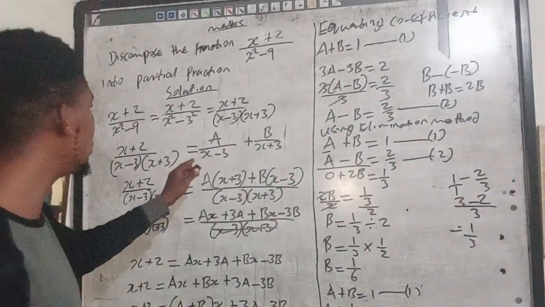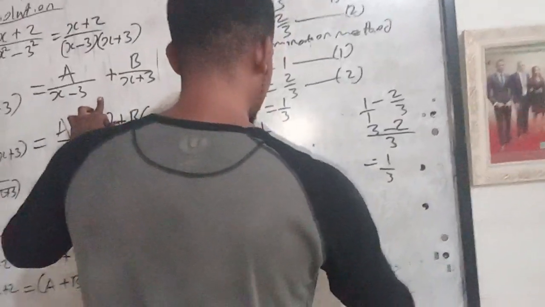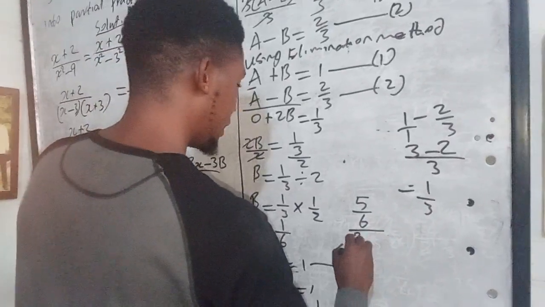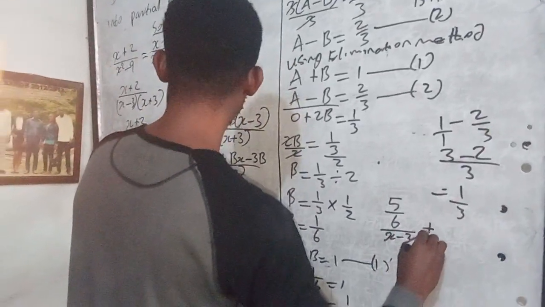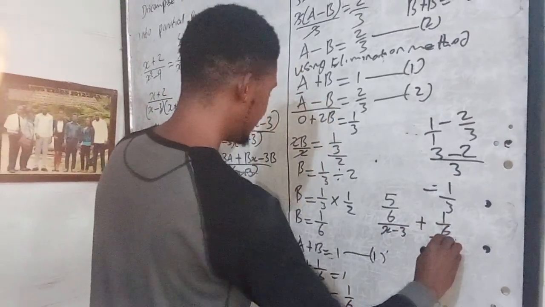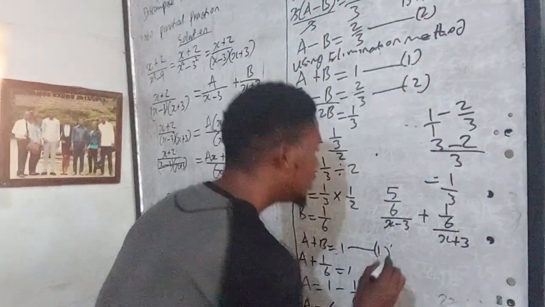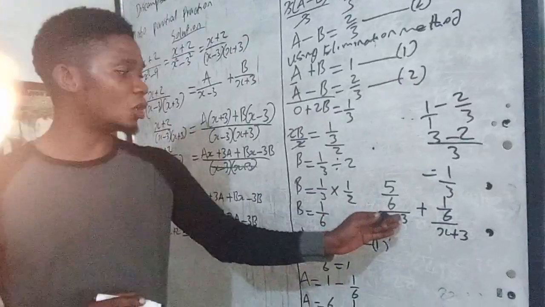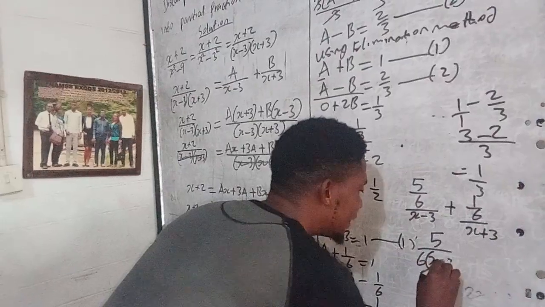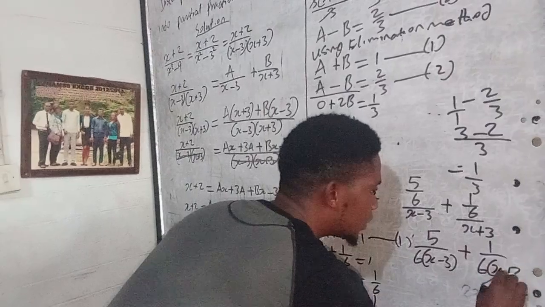We will now go back to the earlier step and arrange it. We now have 5 all over 6 over x minus 3 plus my b, which is 1 all over 6 over x plus 3. Now, if you know how to work your fractions, and follow the same rules of division of fractions, this will give 5 all over 6 open bracket x minus 3 plus 1 all over 6 open bracket x plus 3.